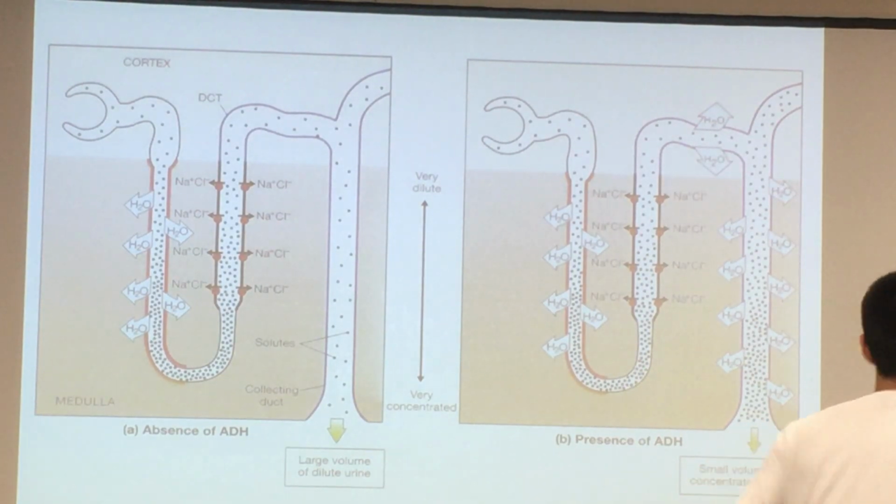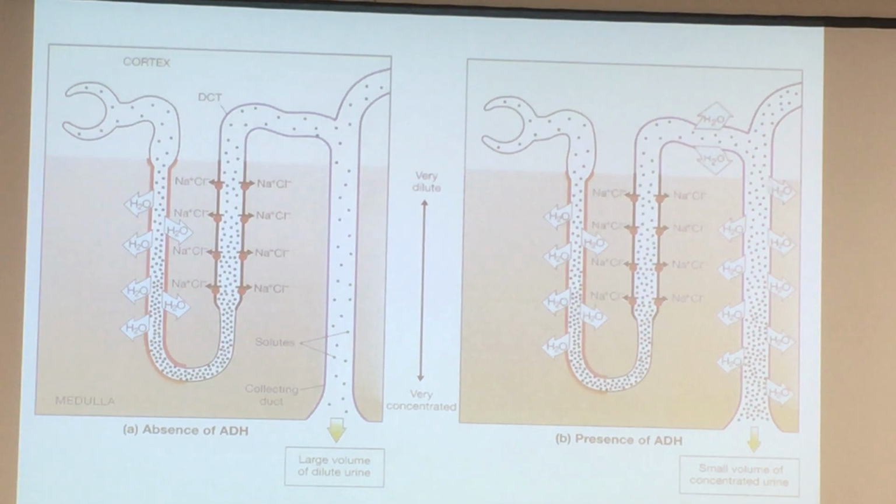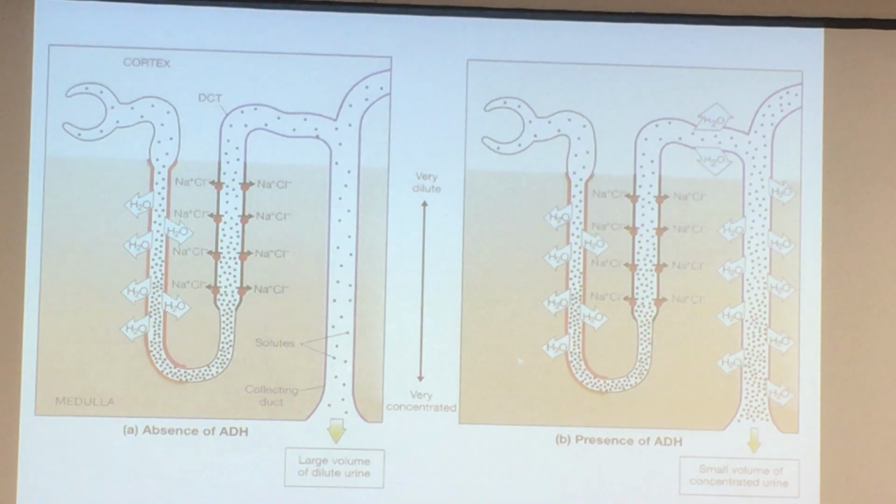Now, with the ADH, we can reabsorb more water from the collecting duct and the DCT and produce a small volume of concentrated urine. Without the ADH, the DCT and collecting duct have no function to reabsorb water, so it's a large volume of dilute urine.